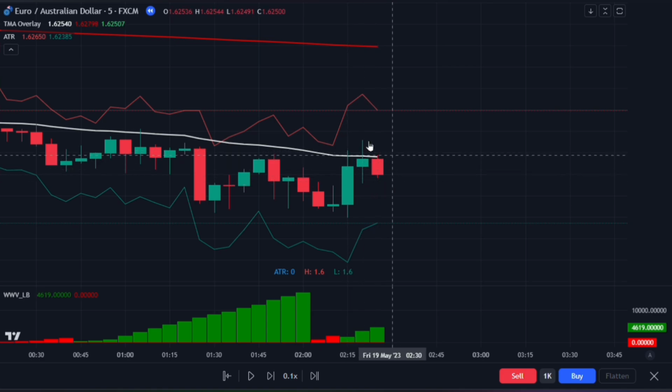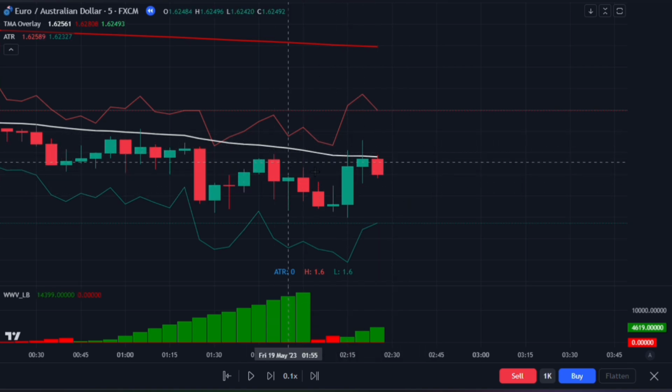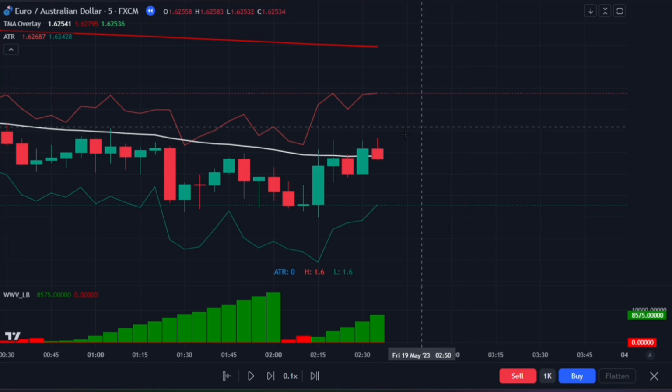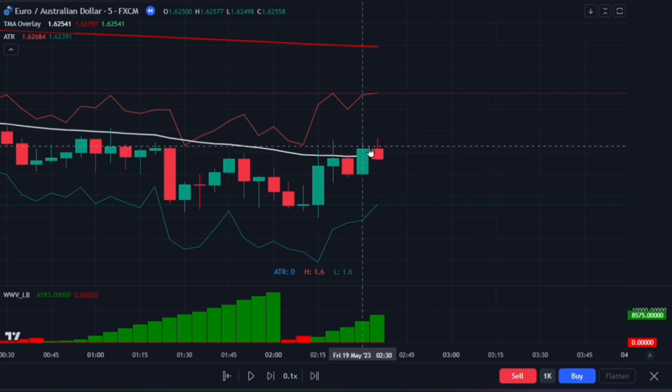When you get a situation like this, we have to wait for the price to close above the white SMA, and also wait. If price then closes below the 21 SMA, we then look to open a sell position at the trigger candlestick. So right here, we can notice that the price closed above our white SMA and then again closed below the white SMA, so this candlestick is the trigger for a sell position.